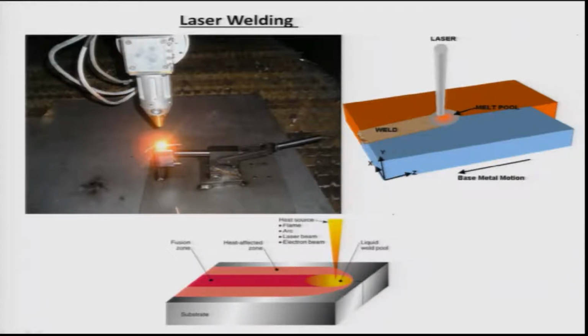Because of that, a weld pool or liquid pool is generated, and as the sample moves while the laser remains stationary, the position of the laser beam on the surface also moves. Because of that, the pool gets solidified at a certain rate. So the growth of these nucleating phases which form at the two joining surfaces is the most important aspect.